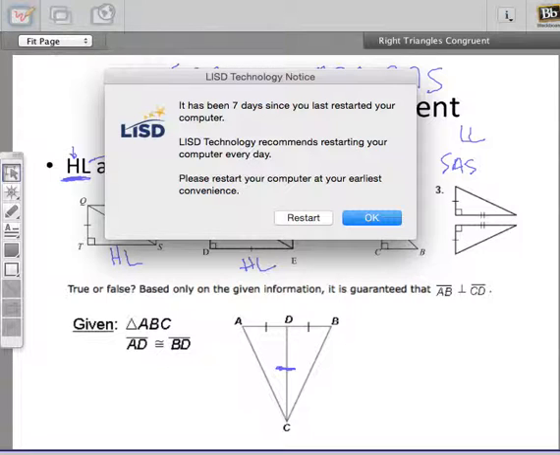Well, in this case, there's not, because I can't prove these two triangles exactly the same. If I could prove those two triangles congruent, then it would be enough to say this was a perpendicular bisector. But because side, side, angle is not one of our congruence postulates, and I don't know this is a right triangle, I can't use any of those, so this is not enough information.